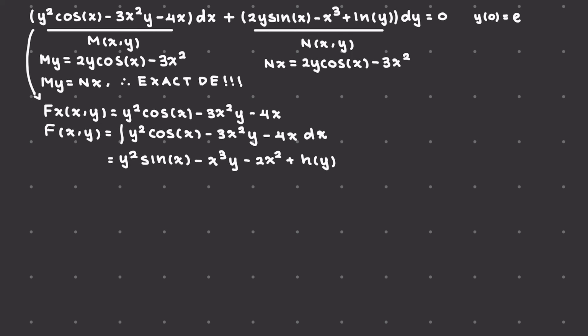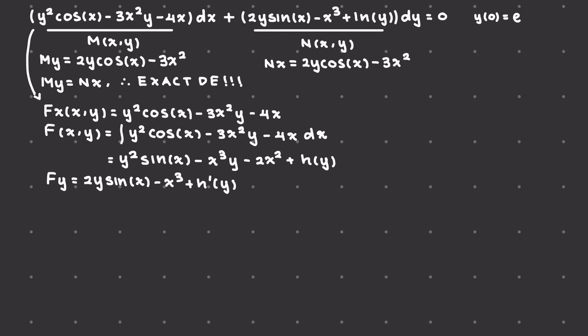After we've done with this step, we're going to take the partial derivative of f with respect to y, which becomes 2y times sine of x minus x cubed plus h'(y), or the derivative of h.